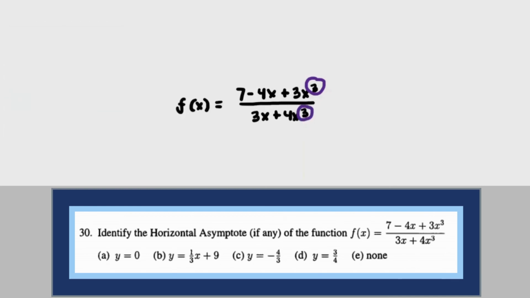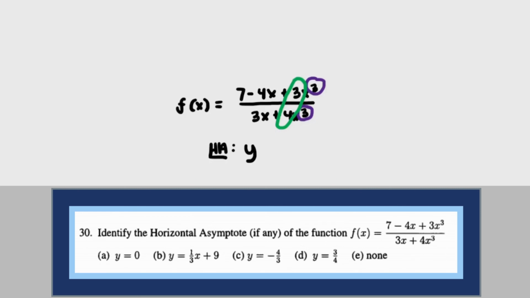So when the highest degree of the top and bottom are equal to each other, what we're going to do is just divide the coefficients in front of those degrees. So in this case, we're going to do 3 divided by 4. And our horizontal asymptote is always in terms of y, remember that.